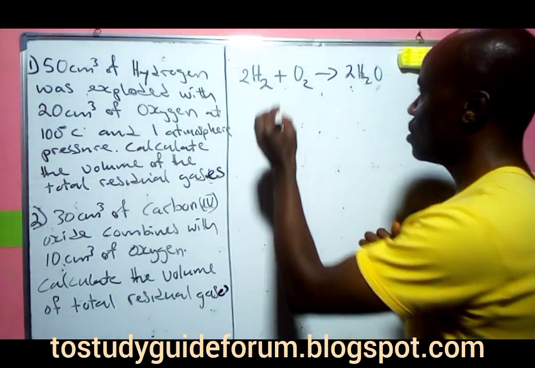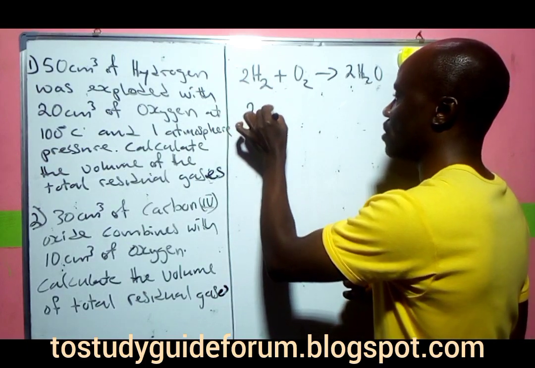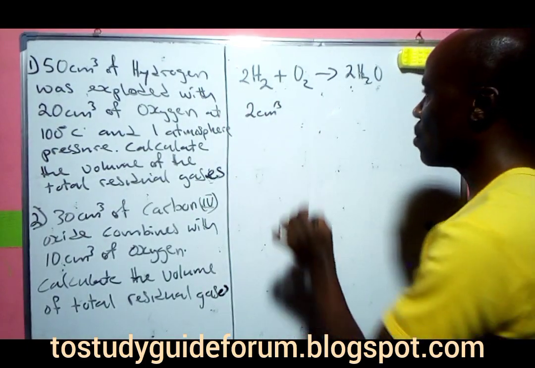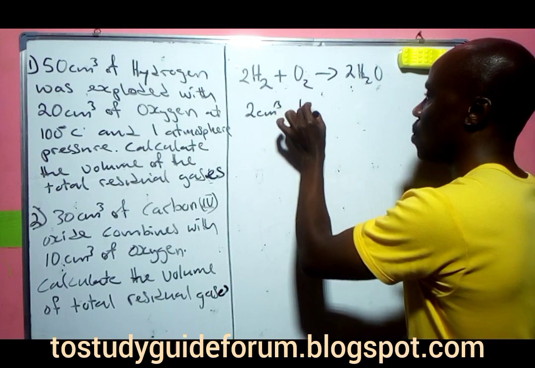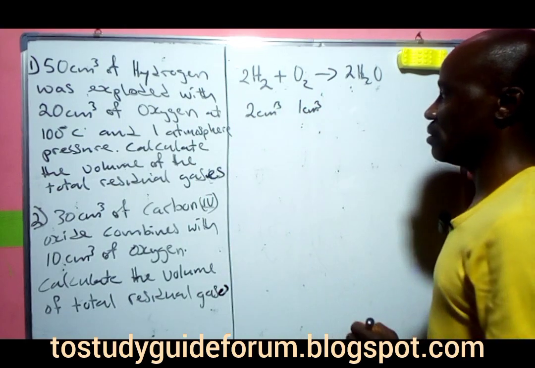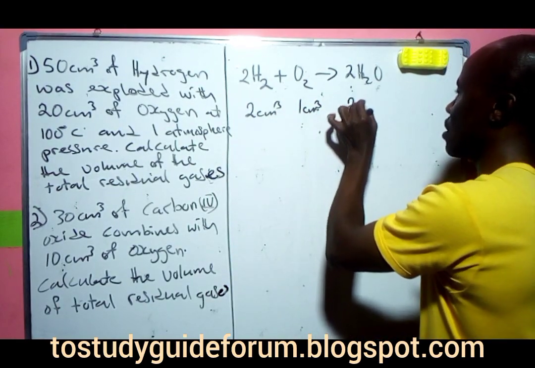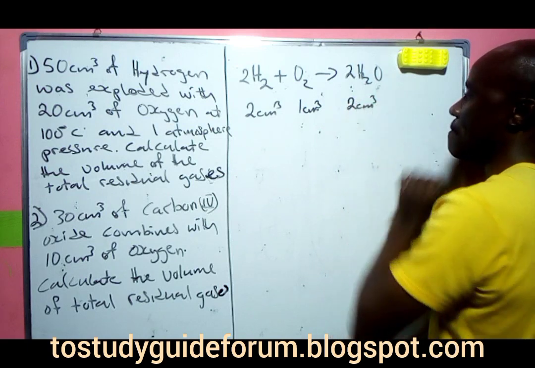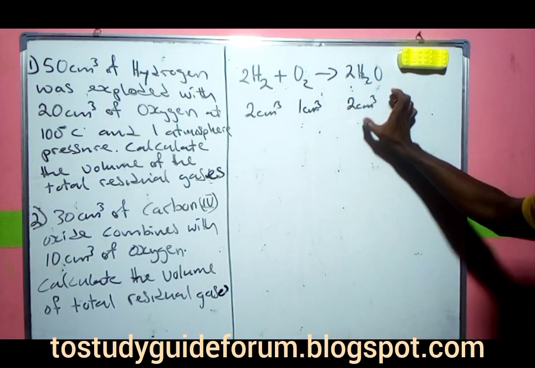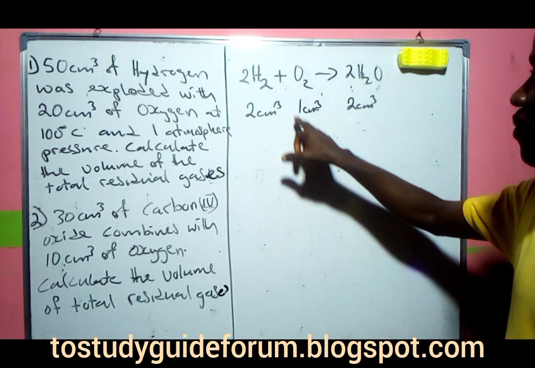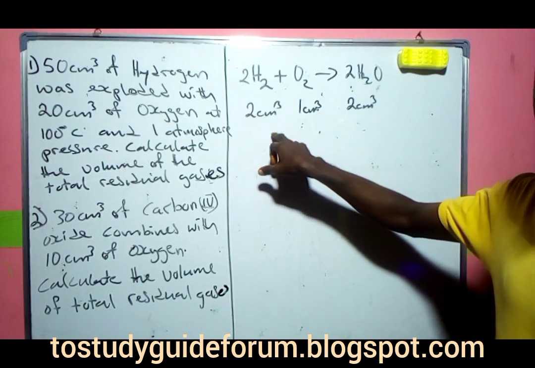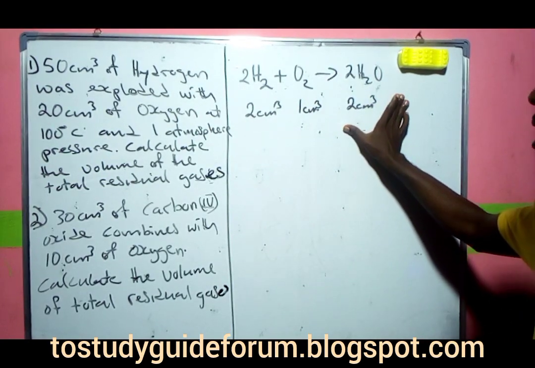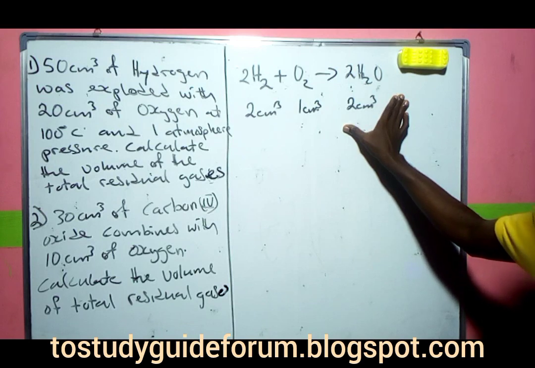In other words, 2 cm cube of hydrogen in volume will react with 1 cm cube of oxygen to give us 2 cm cube of water. 1 cm cube of oxygen combined with 2 cm cube of hydrogen will give us 2 cm cube of water.